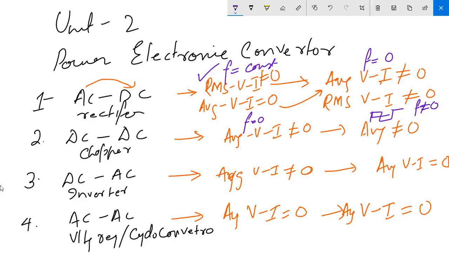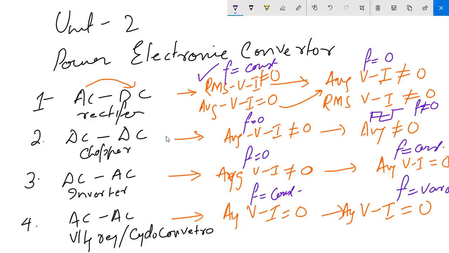For a DC to AC inverter, the DC frequency is 0, but the AC frequency is constant. And for AC to AC, frequency is constant on one side and variable on the other side. So this is the nature with respect to frequency.